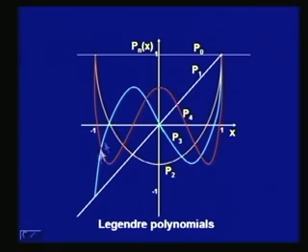Then we have P_2(x), this is the parabola given by P_2(x), and then we have P_3(x), which is this function which we can see is an odd function of x, and then P_4(x) is this one which we can see is an even function of x. So, they are the graphs of the Legendre's polynomials for n equal to 0, 1, 2, 3, 4, etc.